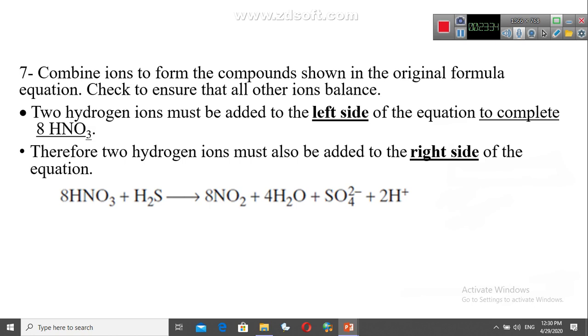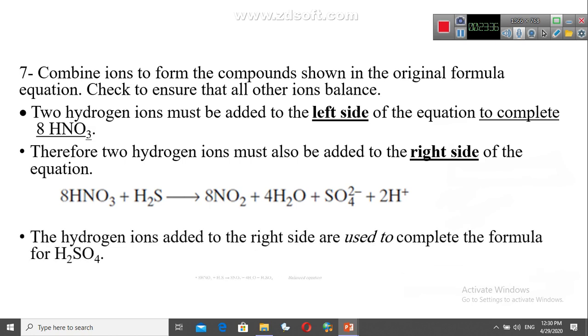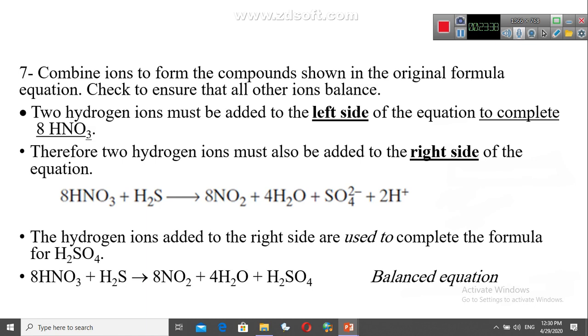Then finally we get the following balanced equation. This is the original equation: 8 HNO3 plus H2S form 8 NO2 plus 4 H2O plus H2SO4.